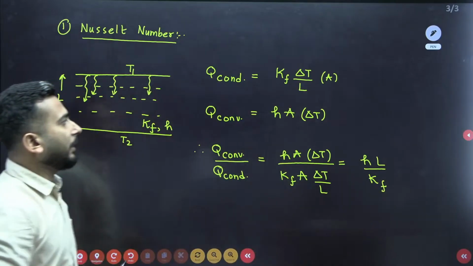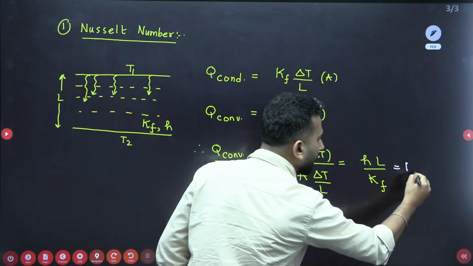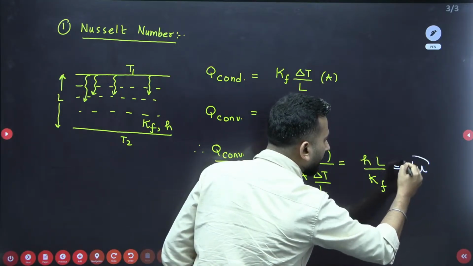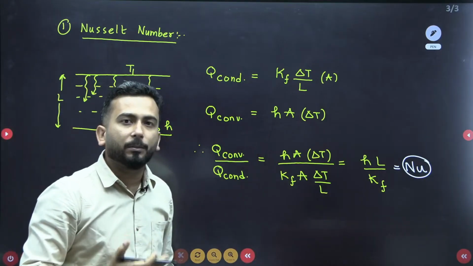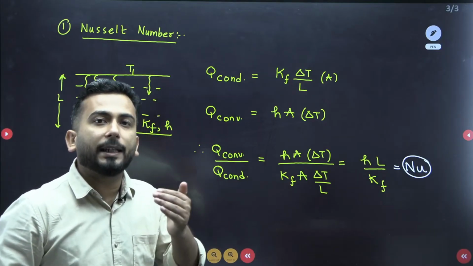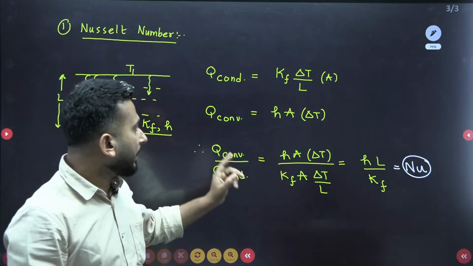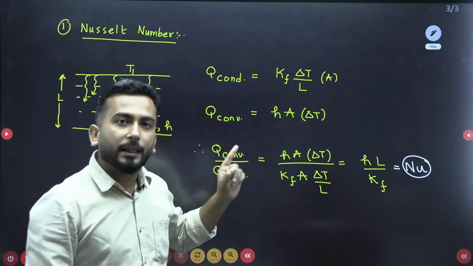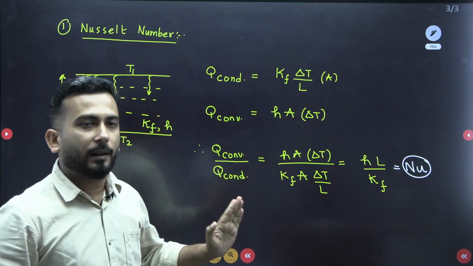So this is nothing but HL by Kf. This dimensionless number is known as Nusselt number. And what does Nusselt number actually tell us? It tells us how many times the heat transfer has got enhanced due to the convection taking place, if conduction was taking place, right?